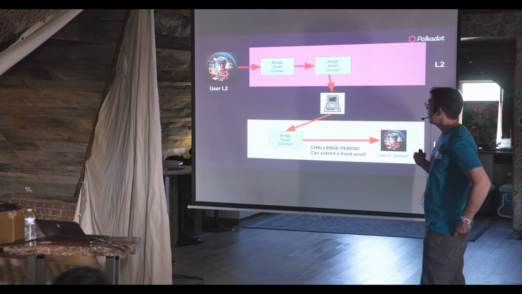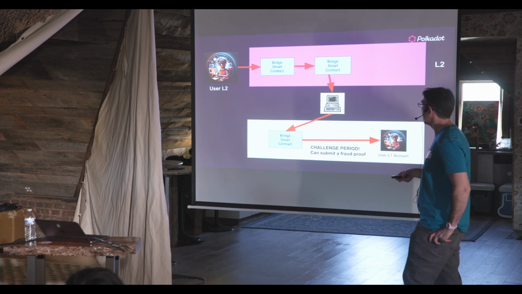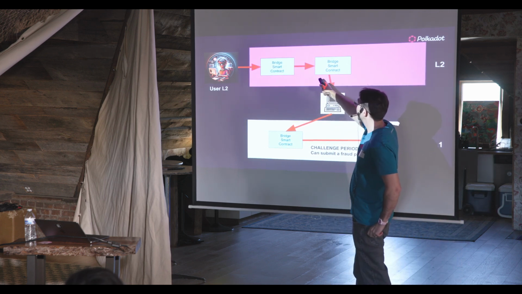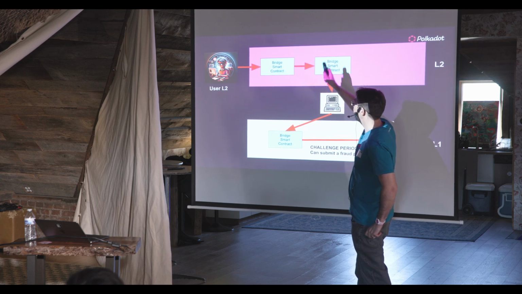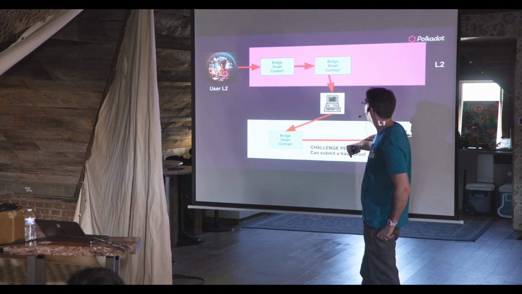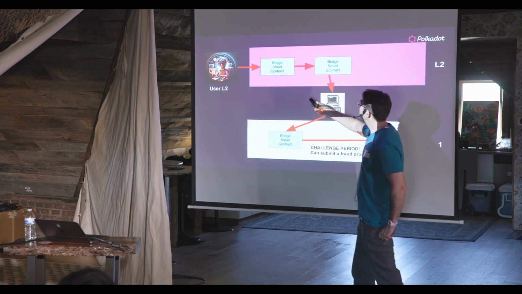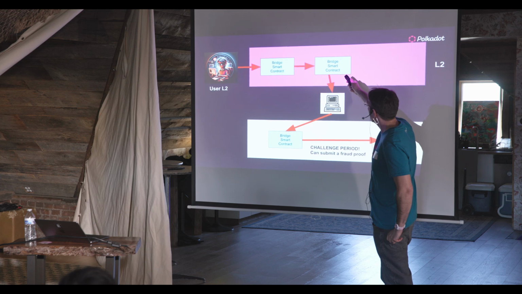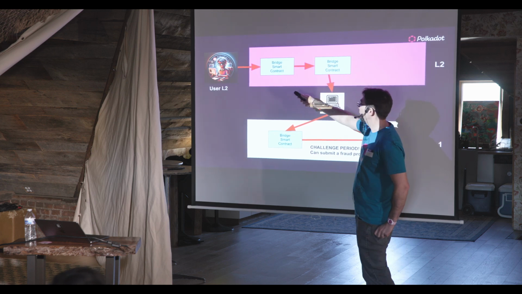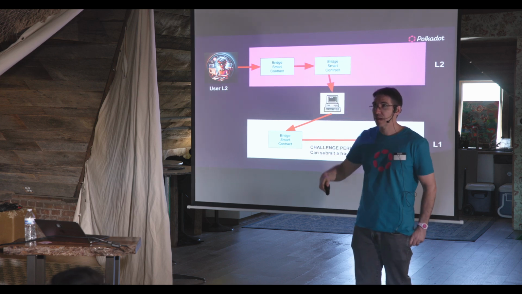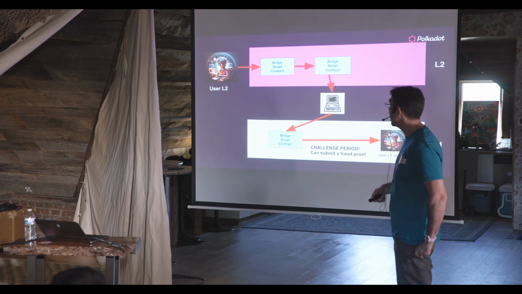Then conversely, with an optimistic rollup, the user is going to interact with the sequencer smart contract. Sorry, copy paste error there. It's going to say, hey, I've got my 10 L2 ETH that I want to exchange for my regular ETH on the main chain.